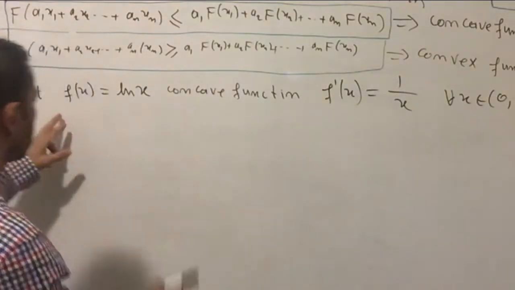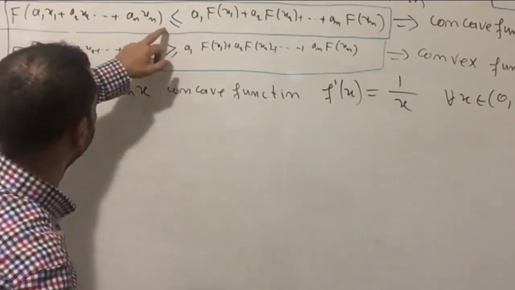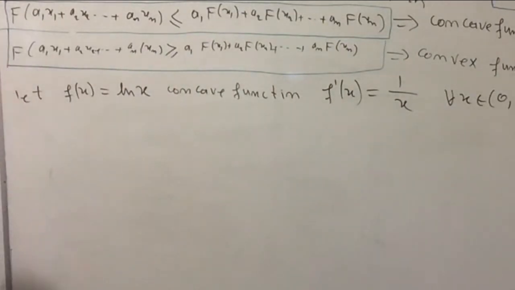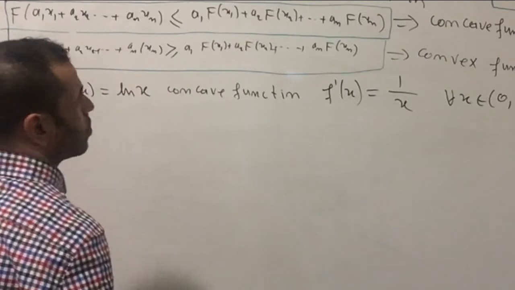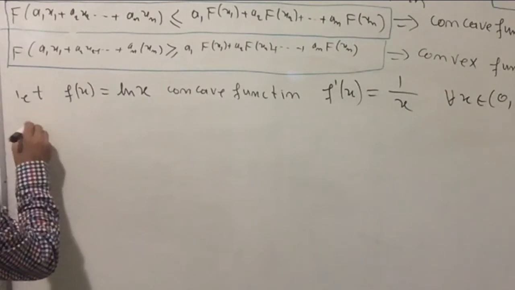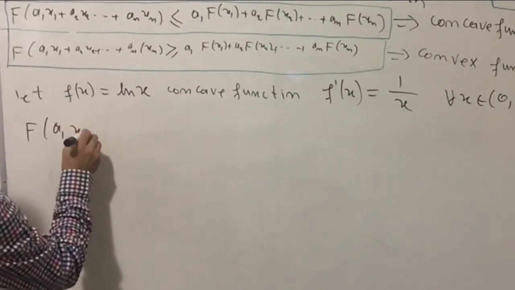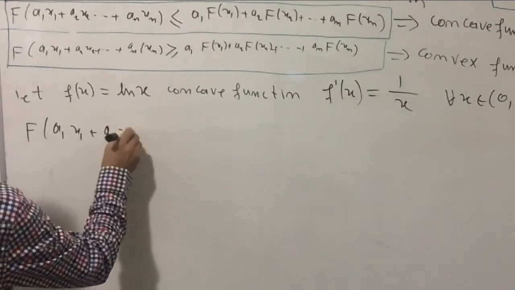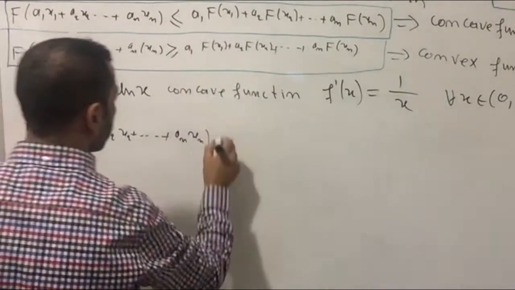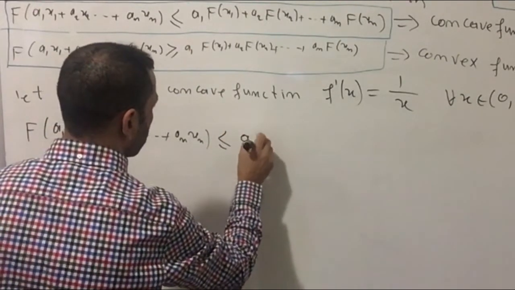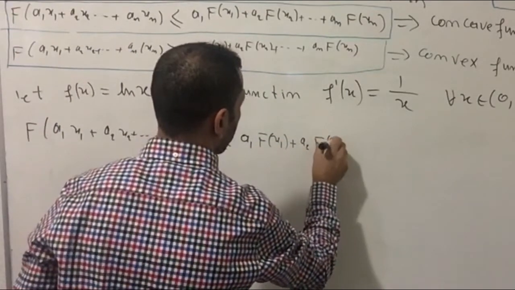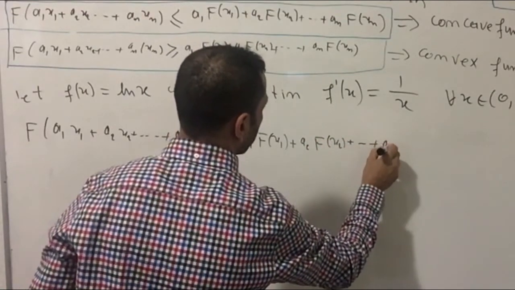Let's apply this in order to prove the theorem, the AM-GM arithmetic mean geometric mean inequality property, by using Jensen's inequality. We have f of a1 x1 plus a2 x2 and so on until the last term an xn, inferior or equal to a sub 1 f of x1 plus a sub 2 f of x2 and so on until the last term.